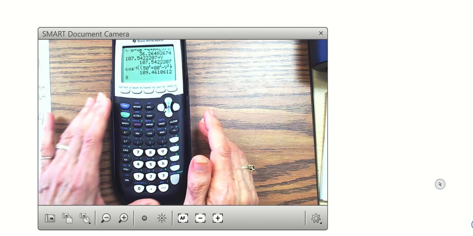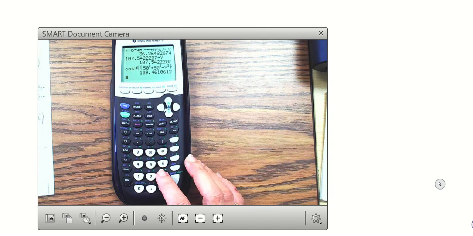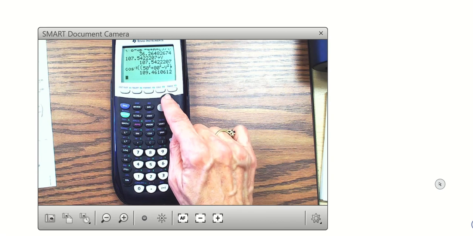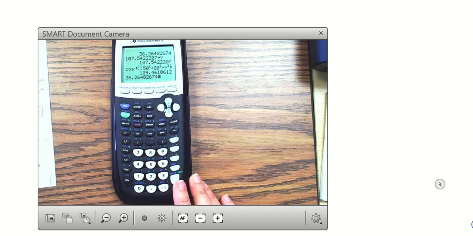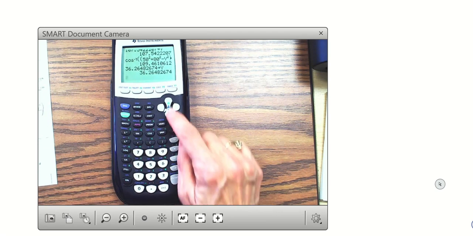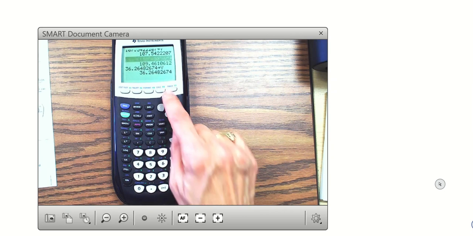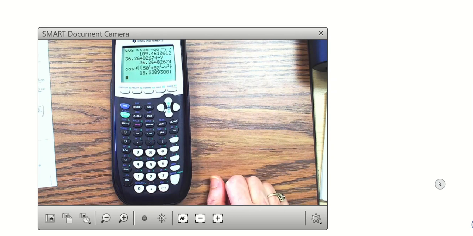So to adjust that, for my second triangle, I could just come in here and go back to this 36.265, and if I now store that as y, then when I come back here to get this inverse cosine, which I've already entered, I can evaluate that, and it's going to give me my other y value.